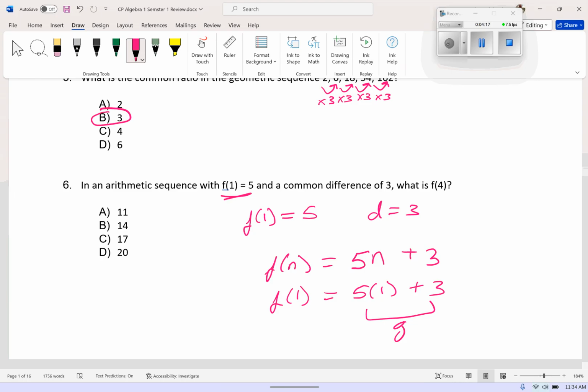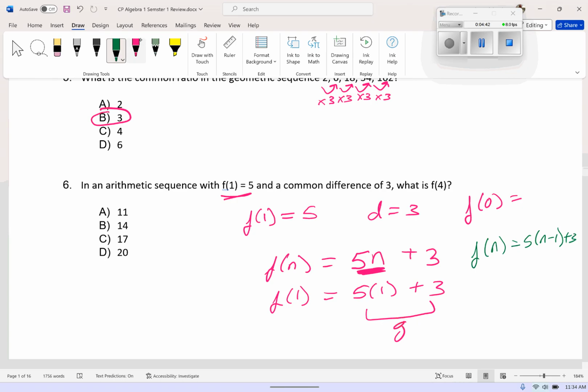So what did we do wrong? Well, remember, this is the first term. Remember, we want the 0 term. If this is not the 0 term, what do we plug in for n? I know it was a while ago, but what do we have to plug in? Some of you might remember. I have to go n minus 1 right here, and then plus 3.